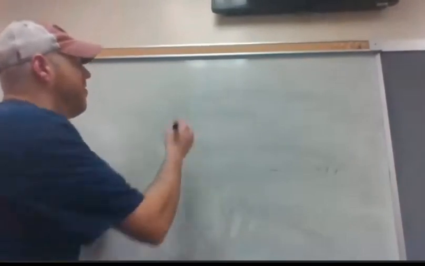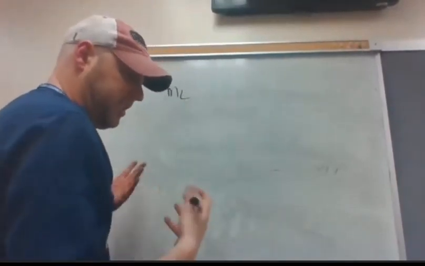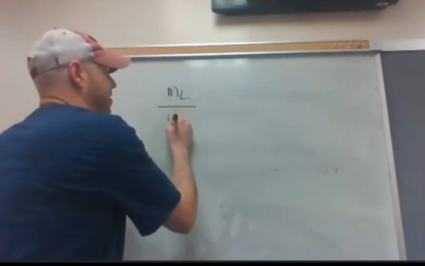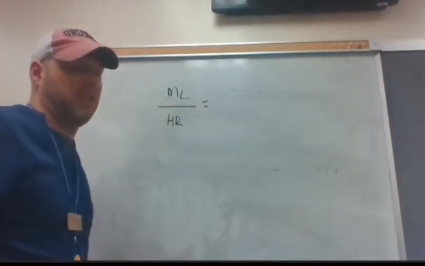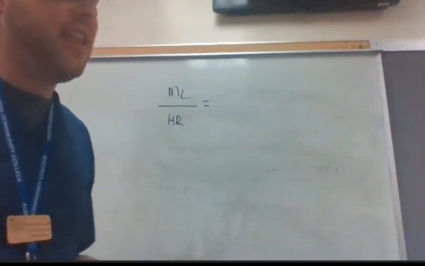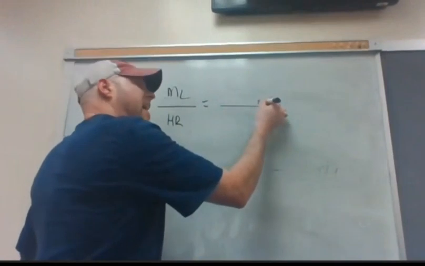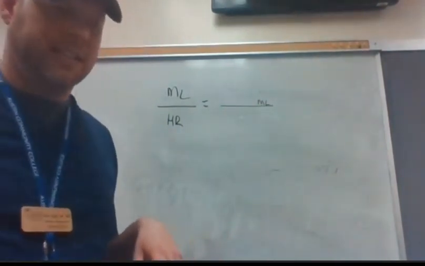All right, so the very first thing, you don't panic because there's a bunch of numbers. We're just going to use the same processes that we've always used. I am solving for milliliters per hour, correct? In milliliters per hour, how much do I have in that bag? Remember, the bag has to be in milliliters.